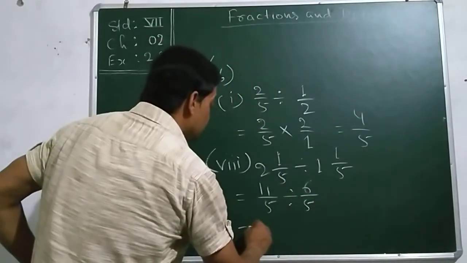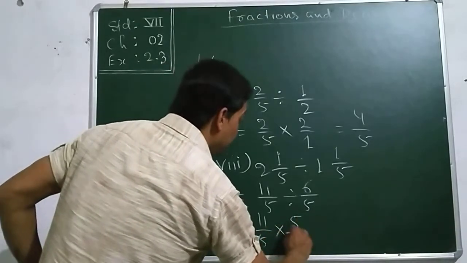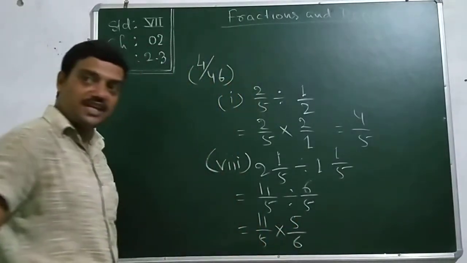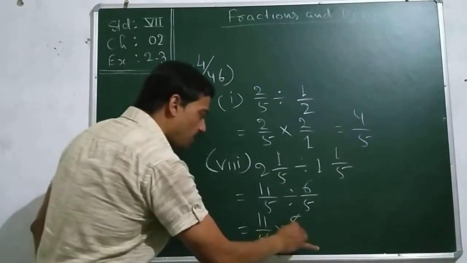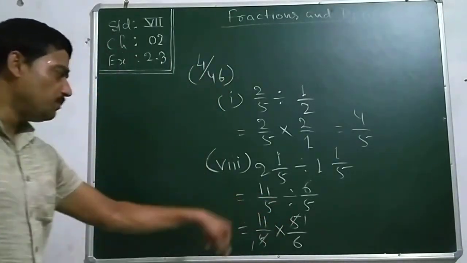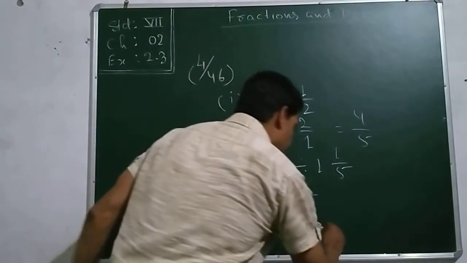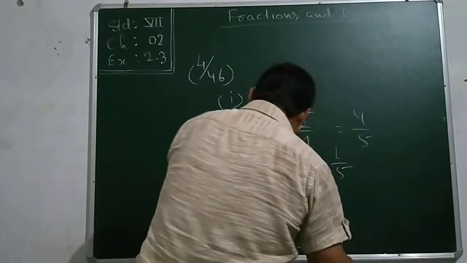That will be 11 by 5 into 5 by 6. See, you can reduce both the 5s to the lowest form, as one is in the numerator and another is in the denominator, and the resultant number will be 11 by 6.